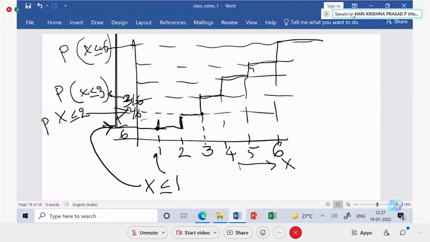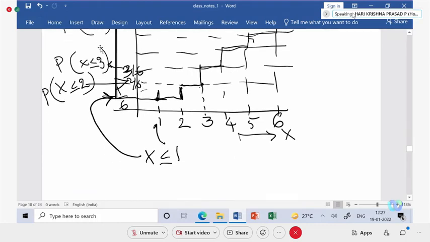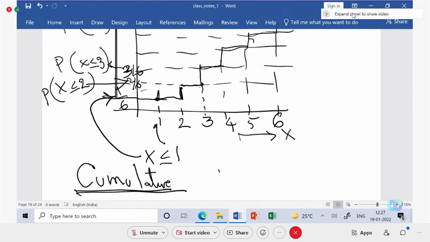Now in this figure, along the y-axis I have shown the probability of X taking a value less than or equal to a specific value of x. The quantity being plotted along the axis is referred to as a cumulative quantity. That is referred to as the probability distribution function.